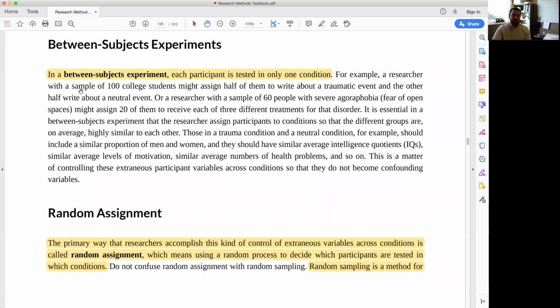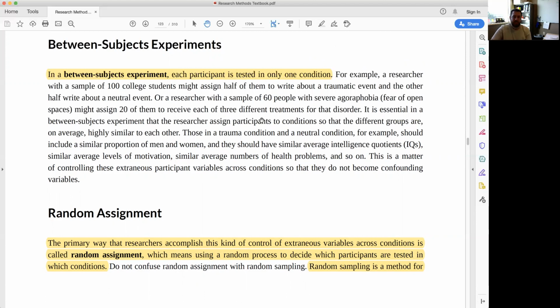So before we get there, between subject experiment, I know I mentioned this briefly before, but each participant is only tested in one condition. So in my study, I would have participants only read a single newspaper vignette about a single defendant. So it was very much, all right, here's this one condition, and then ask them to rate.